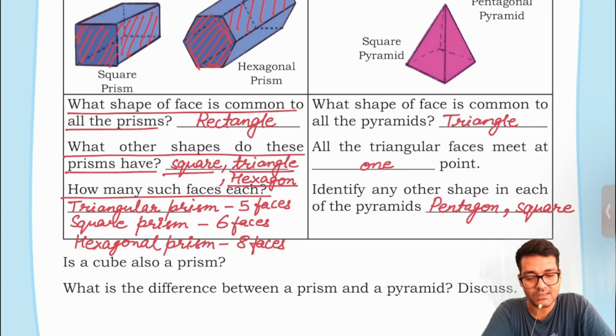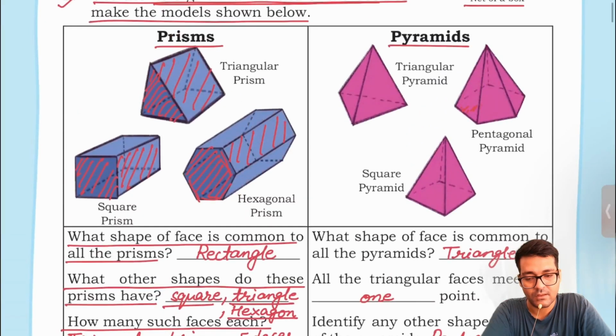How many such faces each? In a triangular prism, you can see two triangular faces, one in front, one in back, and three rectangular faces around it. That means 2 plus 3, 5 faces. Similarly, in a square prism, you can see two square faces, one in front, one in back, and 4 rectangular faces around it.